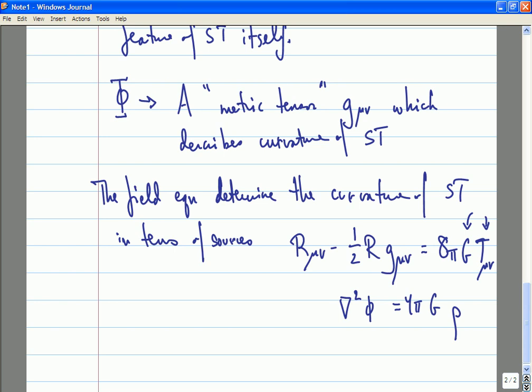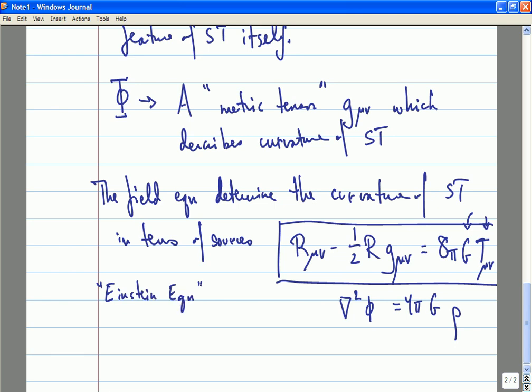And so this quantity T mu nu is known as the stress tensor, and it's the thing that acts as a source for Einstein's equation. And this field equation is known as Einstein's equation. And it is the basic equation in general relativity which allows you to determine the curvature of space-time in response to any mass or energy that is present.